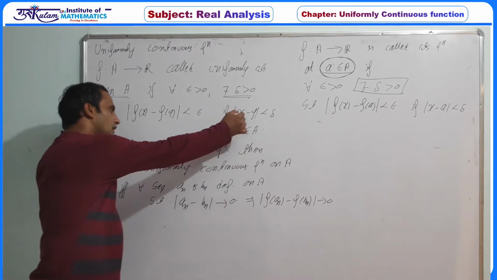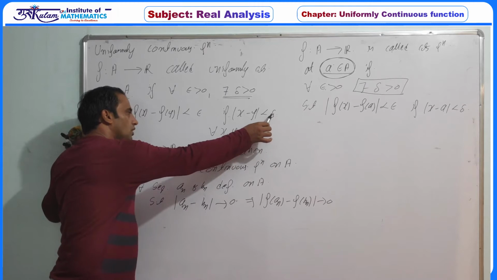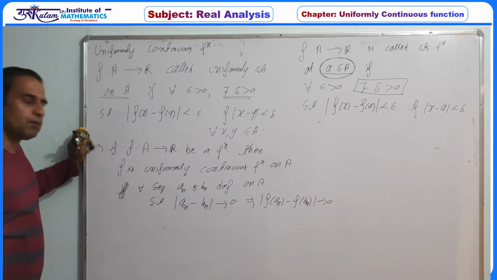If we replace x by a_n and y by b_n, this distance tending to 0 implies this distance also tends to 0. By definition, you can easily prove this statement.